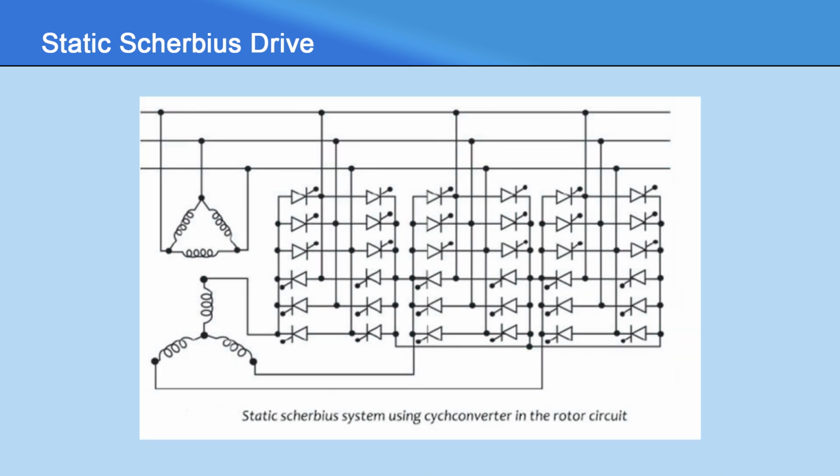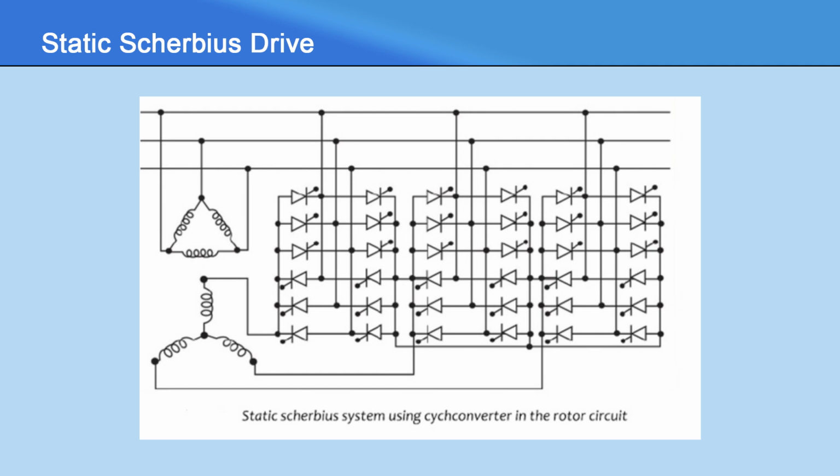The super synchronous speed can be achieved if the power is fed to the rotor from the AC mains. This is possible by replacing the converter cascade by the cycloconverter as shown in the figure. The cycloconverter allows power flow in either direction, making the drive operate at both sub and super synchronous speed range, with motoring and regeneration features.